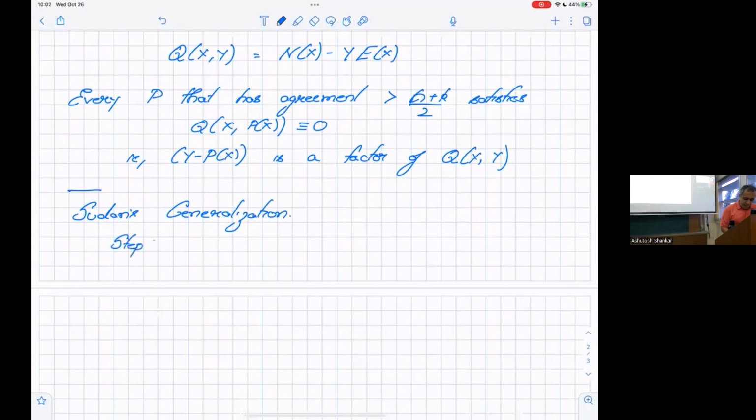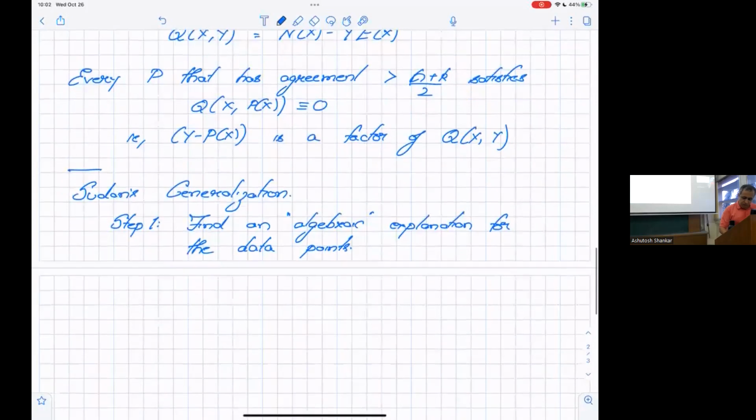Step 1: find an algebraic explanation for the data points in the form of a bivariate polynomial Q of x, y.